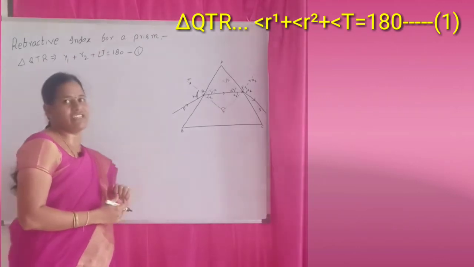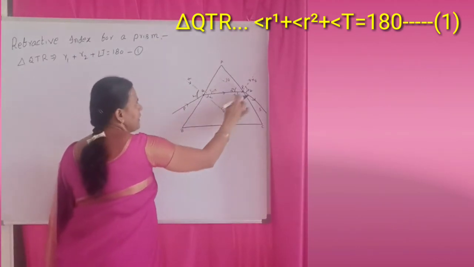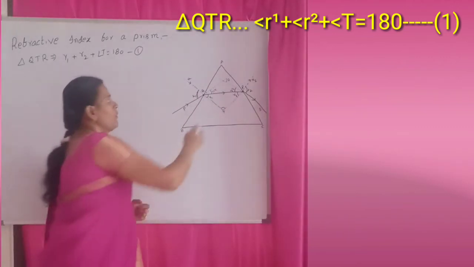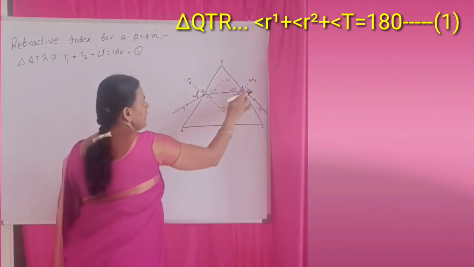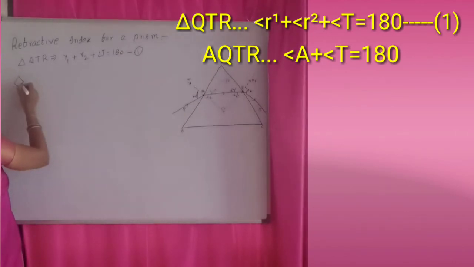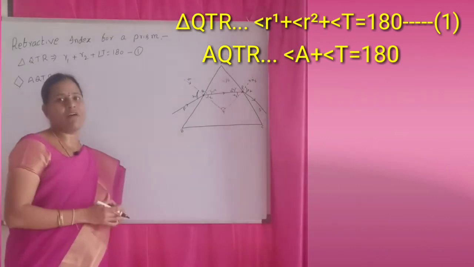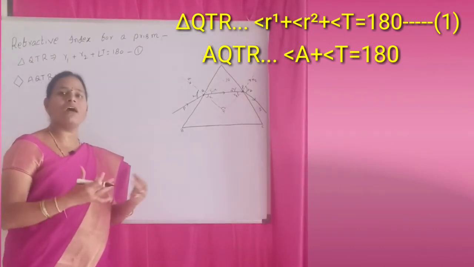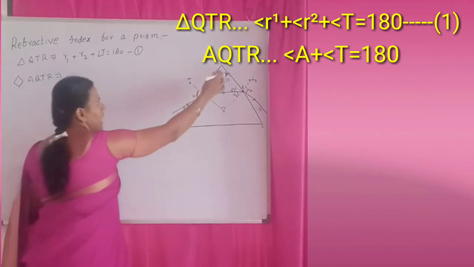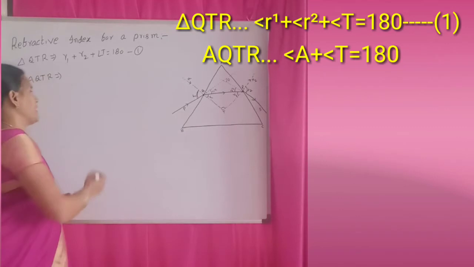I am taking this as the first equation. Now I am taking the quadrilateral AQTR. In this quadrilateral, the sum of the opposite angles is equal to 180 degrees. So angle A plus angle T is equal to 180 degrees.